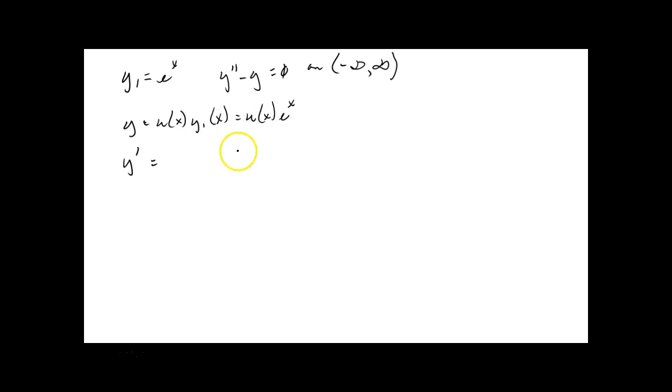Let's use this formula here, the second one, y prime: u of x times e to the x plus u prime of x e to the x, which is u of x plus u prime of x times e to the x, right? You can factor out e to the x, okay?